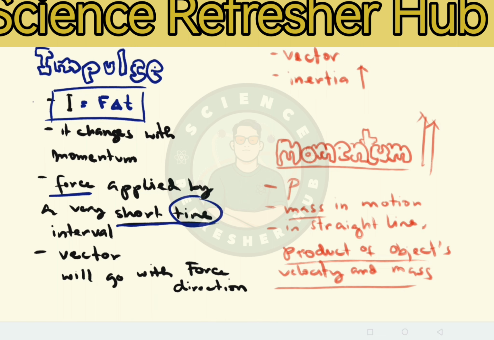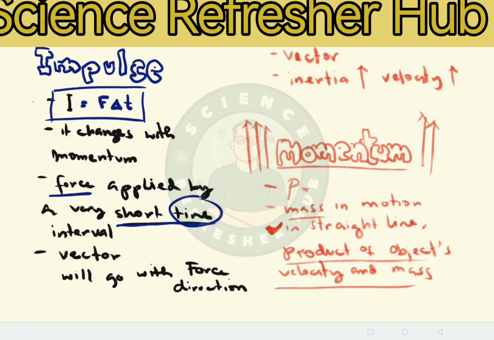The higher the mass or velocity, the higher the inertia, and of course, the higher the momentum. Going back to the definition of the formula in a straight line, it is just the product of the object's velocity and mass.